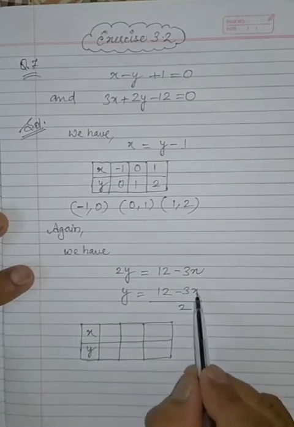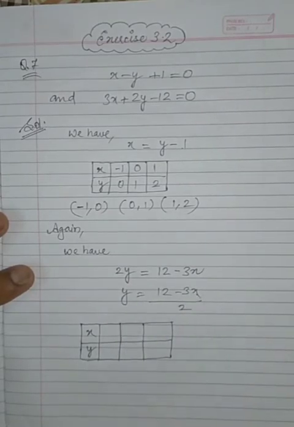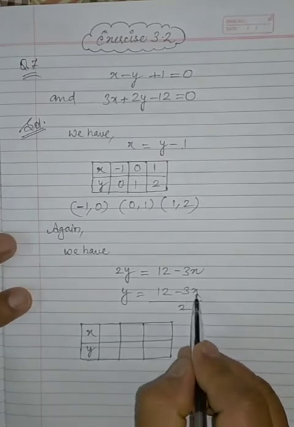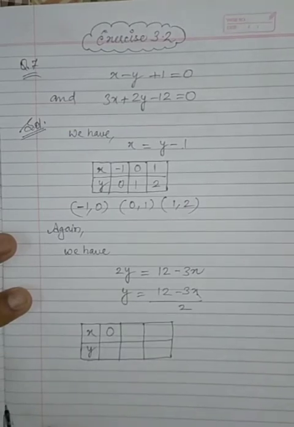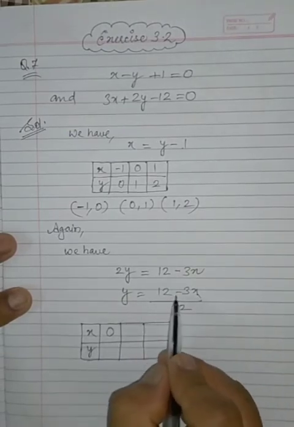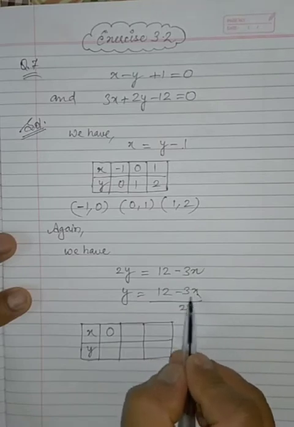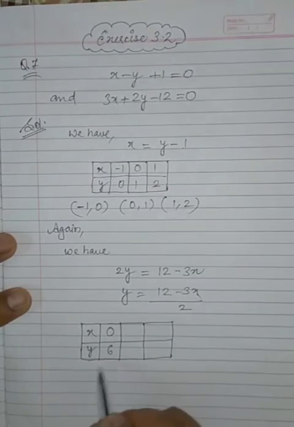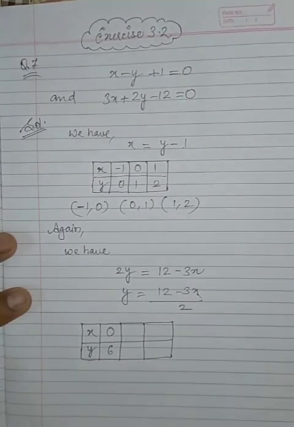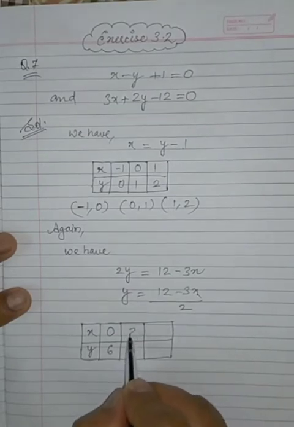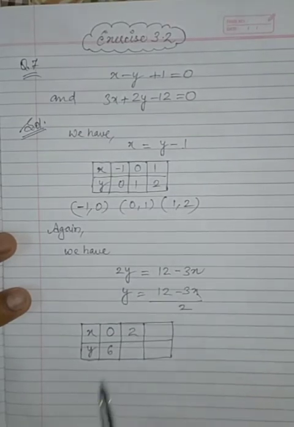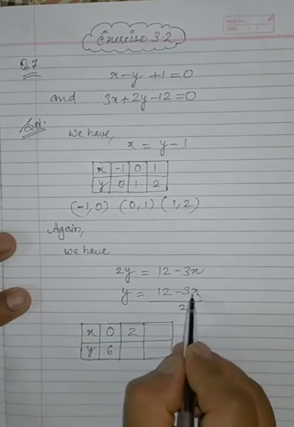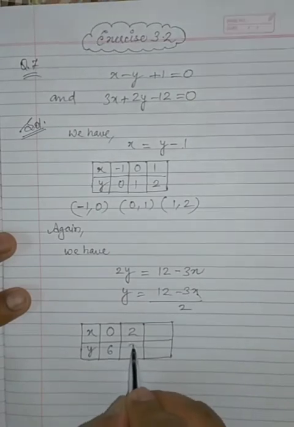This time we have to put the values for x to get the value of y. So if I put here x is equal to 0, then y is equal to 12 minus 3 into 0 is 0. So 12 minus 0 is 12 and 12 upon 2 is 6. If I put x is equal to 2, so y is equal to 12 minus 3 into 2 is 6. 12 minus 6 is equal to 6 and 6 upon 2 is equal to 3.